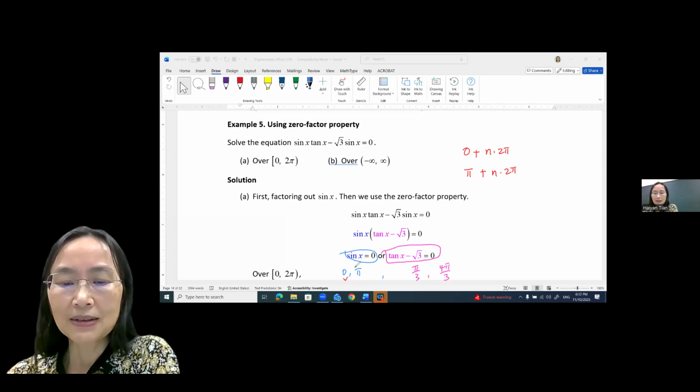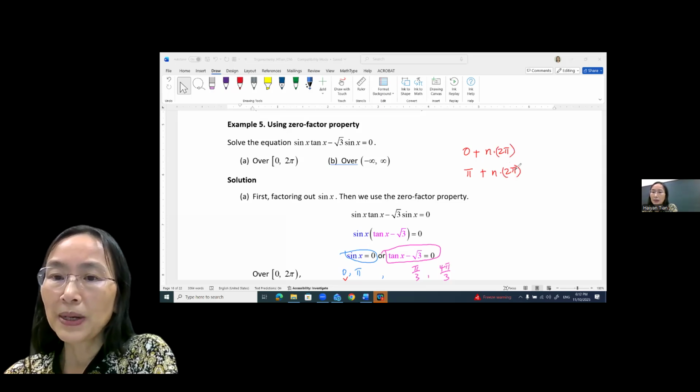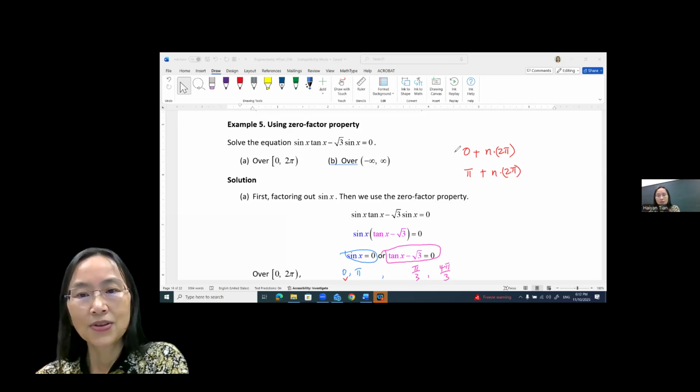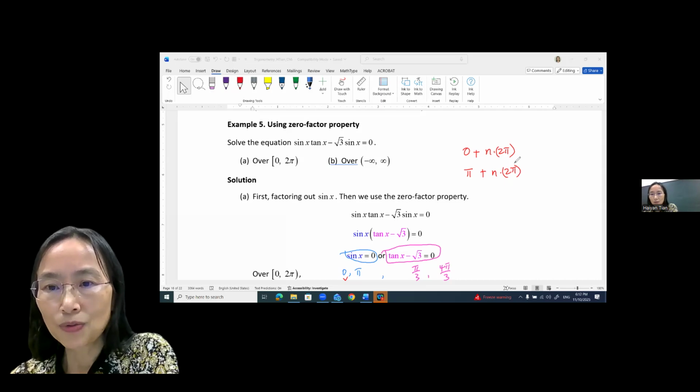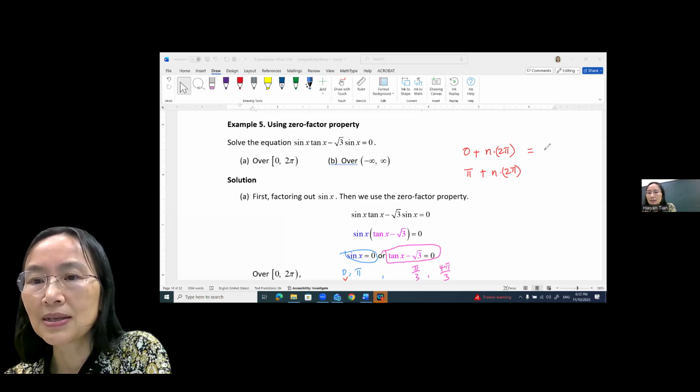Because the sine function has a period of 2 pi, an integer multiple of 2 pi can be added to the solution and still produce the same sine value. So then we can find so many more. Let's rewrite it so you can see. This is simply 2 times n times pi, right? This one is 2n times pi.